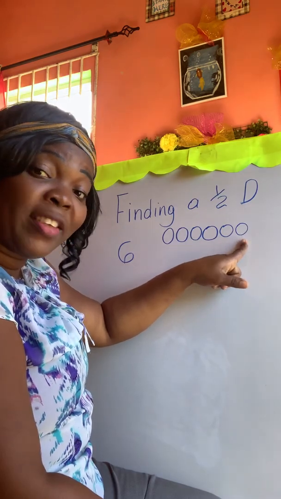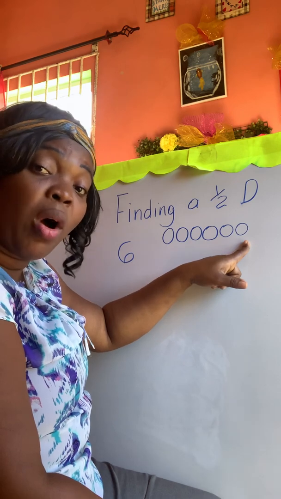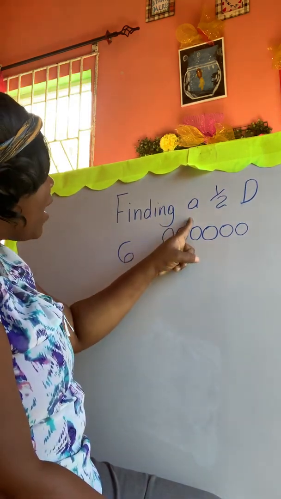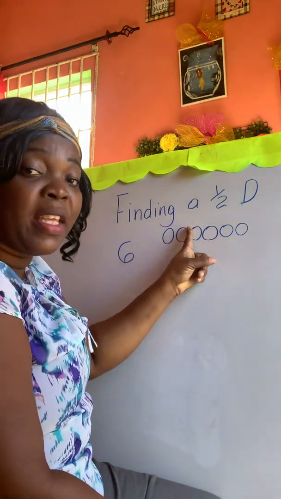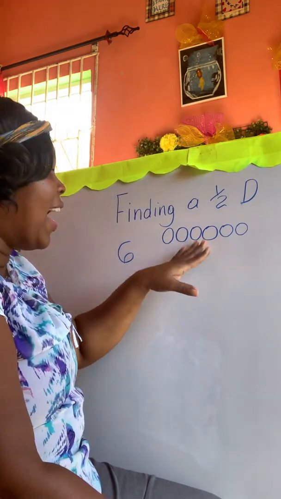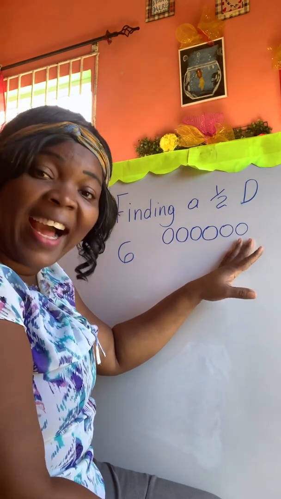So that would not be a half because the two sides are not equal. Let's go again. If I part it right here, then it would still not be equal because 2 would be over here and 4 over there. So it would not be a half.